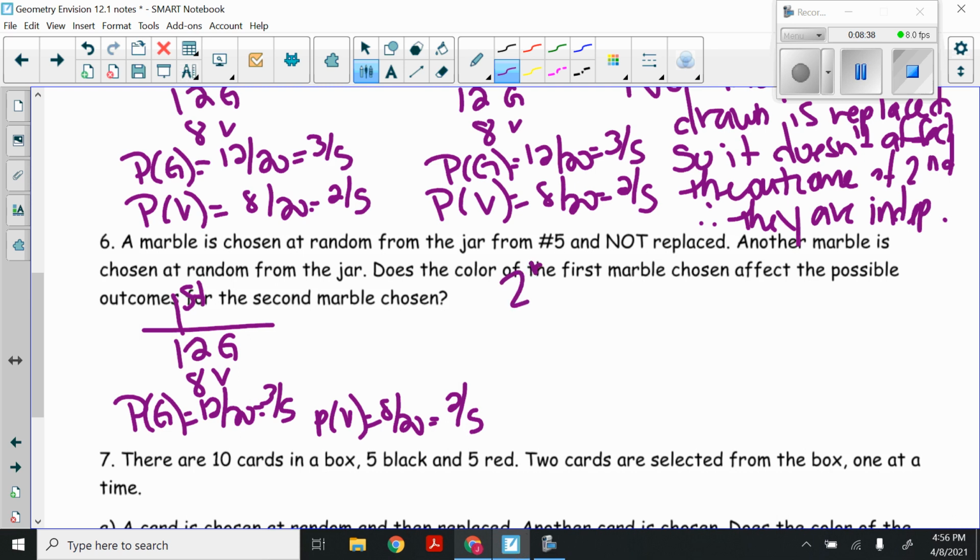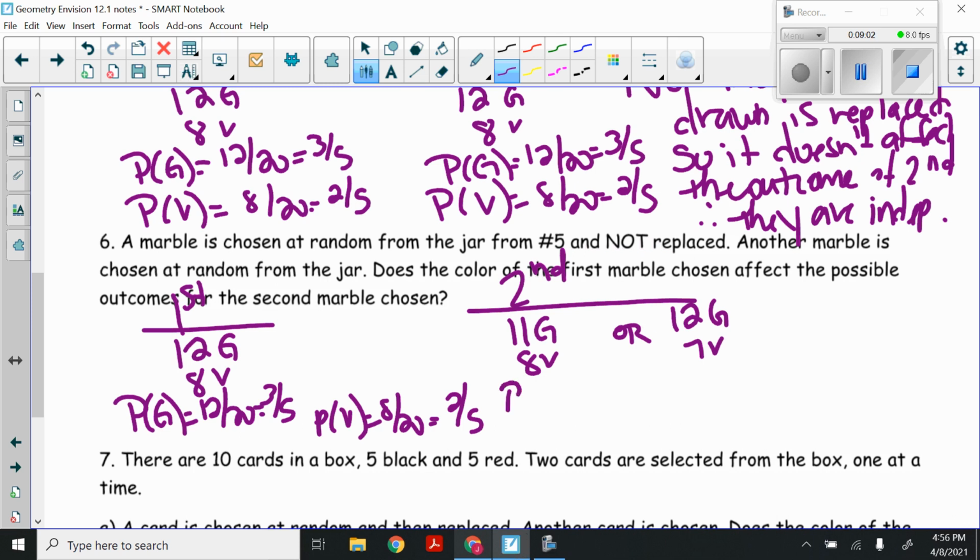So now my second time, I have different options. Let's say I got a green one the first time, and I don't put it back. So now I only have 11 green to choose from, but 8 violets. Let's say the first time I chose a violet, and I didn't put it back. Then I have 12 greens and 7 violets.